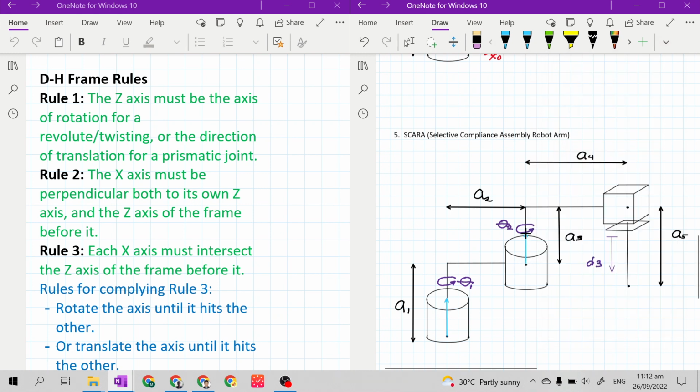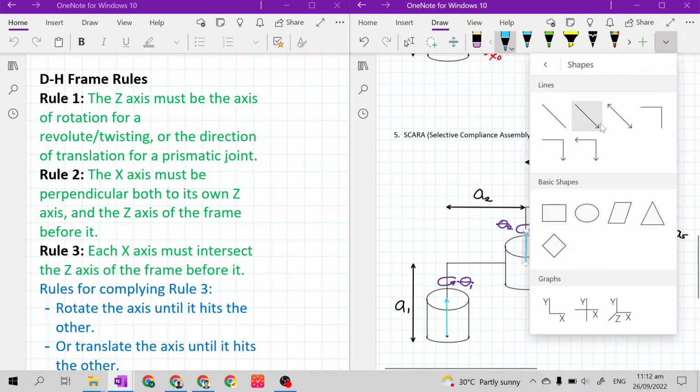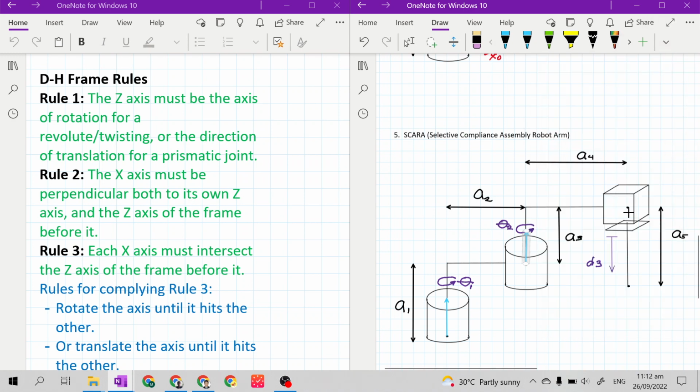This is the direction of translation for the third frame, or frame 2, because this is frame 2, this is frame 1, and this is frame 0.